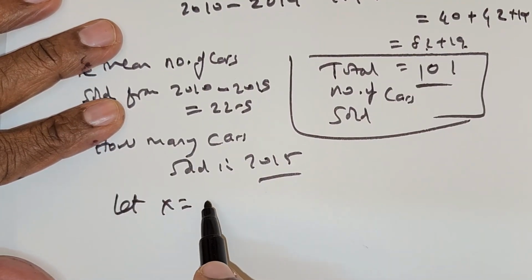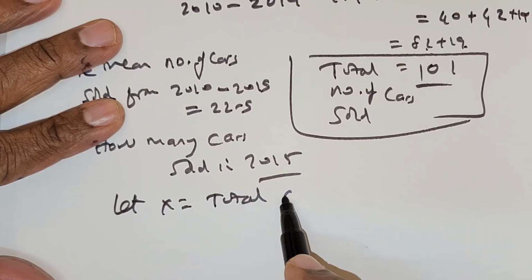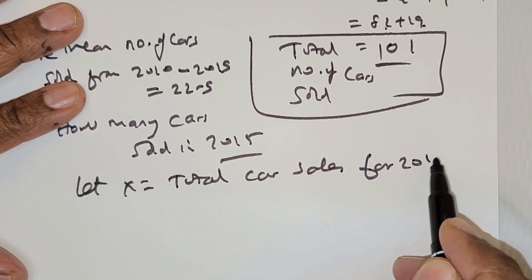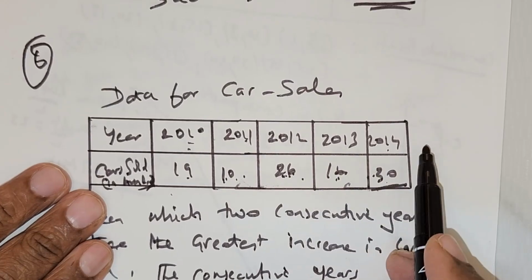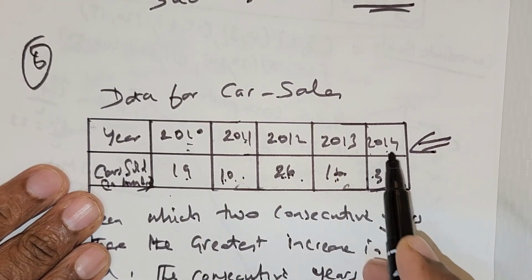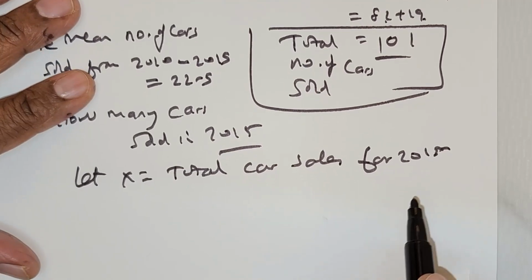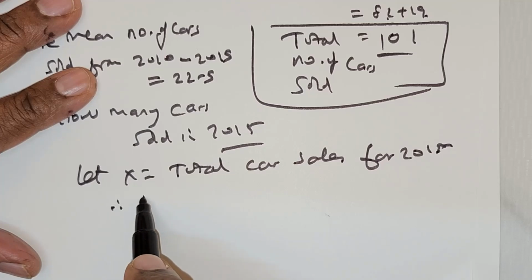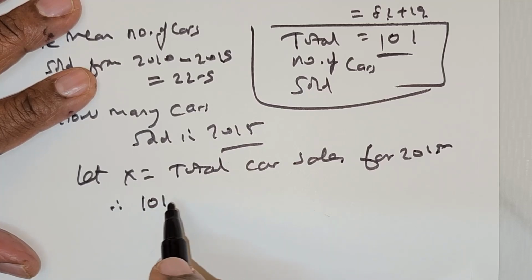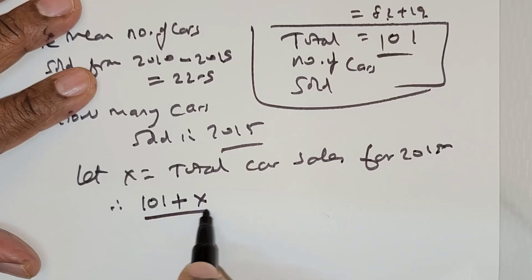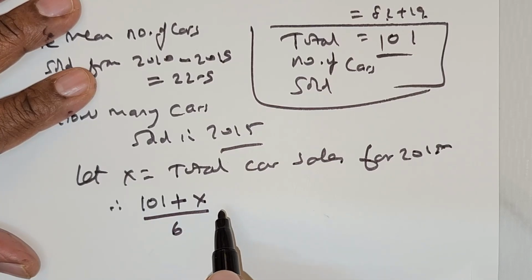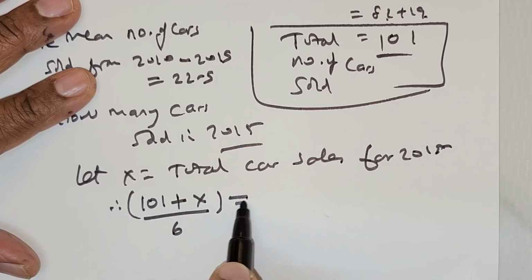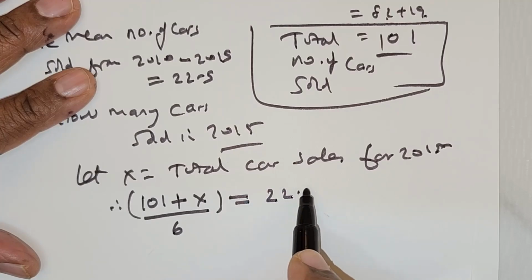Let x be equal to the total car sales for 2015, because you see that data is given only up until 2014. Therefore, 101 plus x divided by 6 is going to be equated to 22.5.